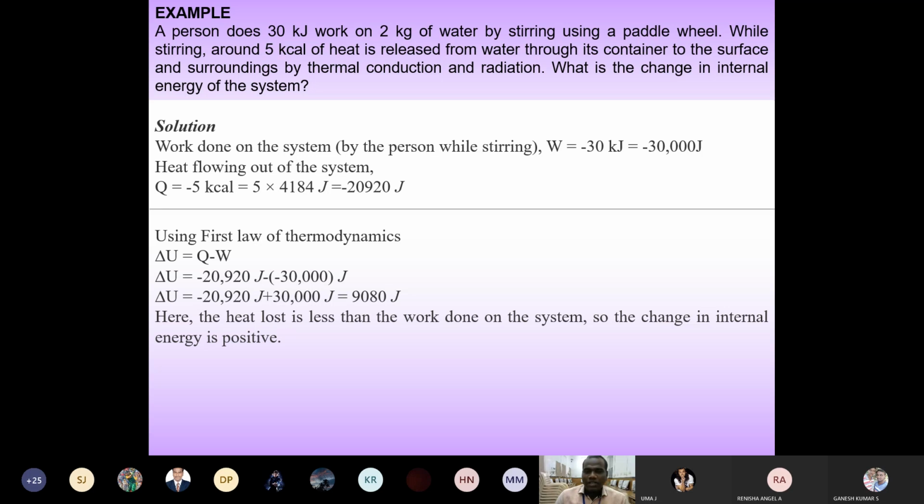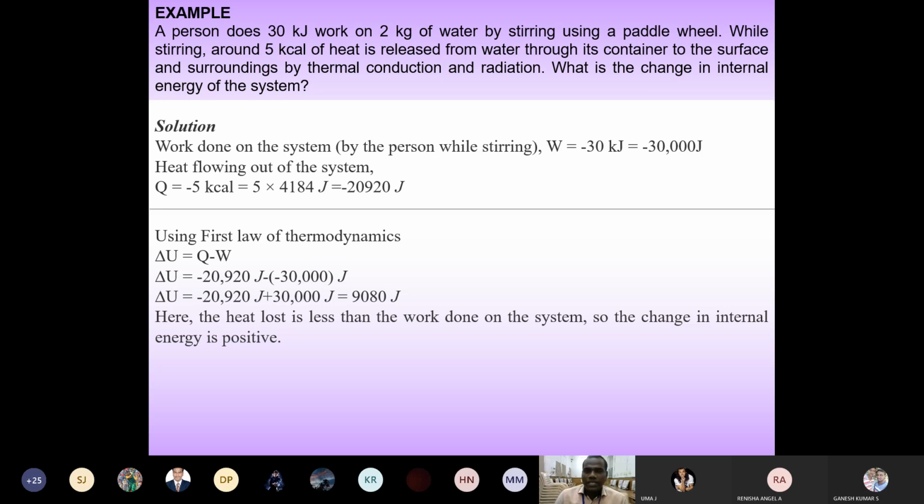So like that we can calculate the change in internal energy of a system. Here water is the system. We are doing work by stirring, and the values are given, and the heat released value is also given.